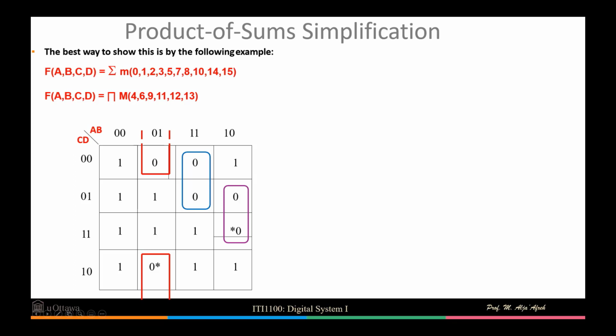However, guys, after filling the ones for the sum of products, we will just group the zeros. Now, this 0 can be grouped in a group of 2 just this way, and that is essential. And this can be grouped in a group of 0 just this way, so that's also essential. Now, these two can be grouped either using the blue rectangle here, or I can group them this way, with no problem.